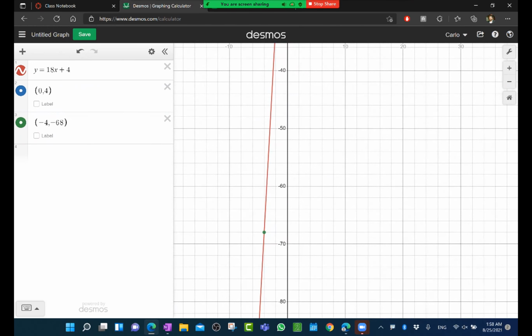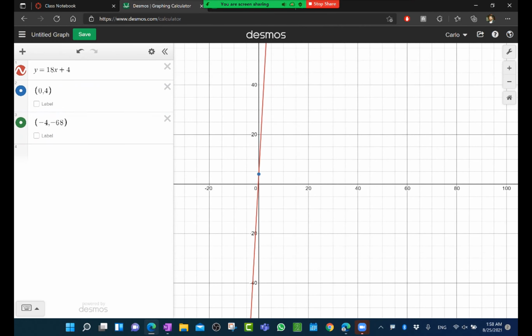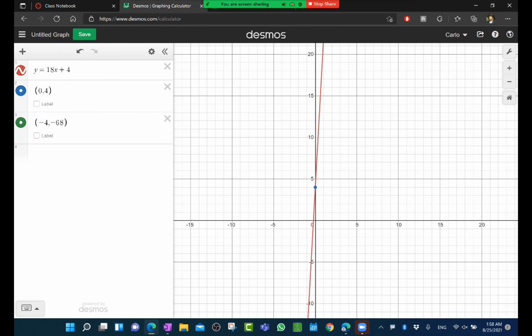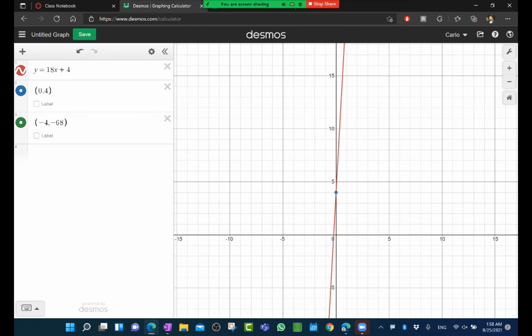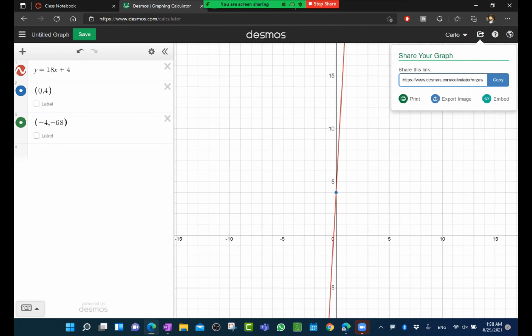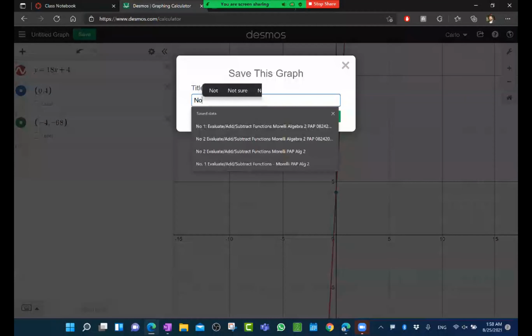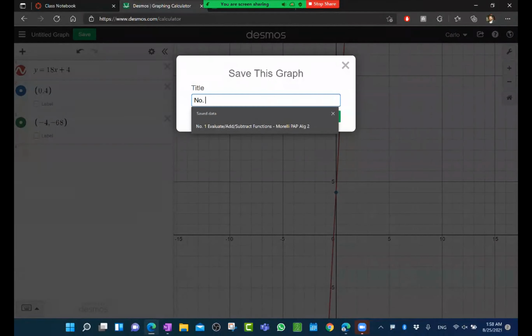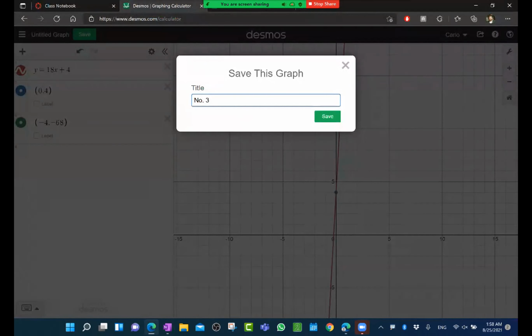So let me share this with you. I'll zoom in on this one. Okay. And we'll go ahead and share this one out. I got to name it first. Save. Sorry. So this was number 3, right? Yep. Number 3.